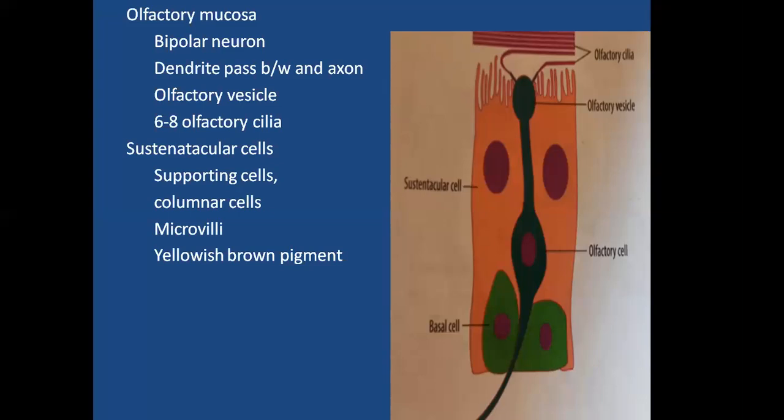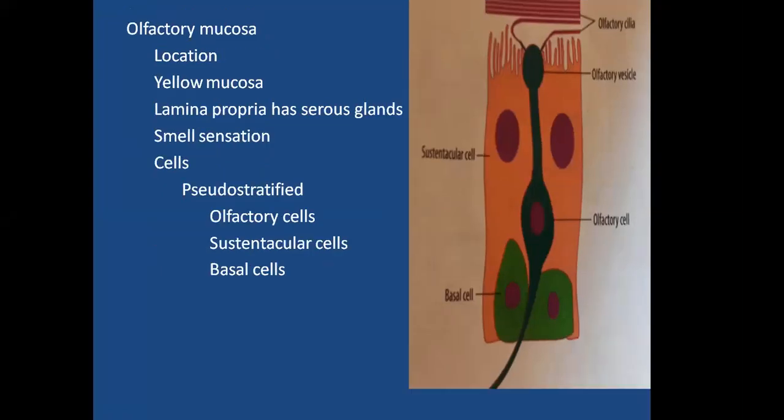So the basal cells present in the olfactory mucosa are the stem cells for the olfactory cells and the sustentacular cells. You see, these are the basal cells, and because of these basal cells, sustentacular cells and the olfactory cells are formed. So before proceeding to the paranasal sinuses, I would like to repeat the olfactory mucosa again.